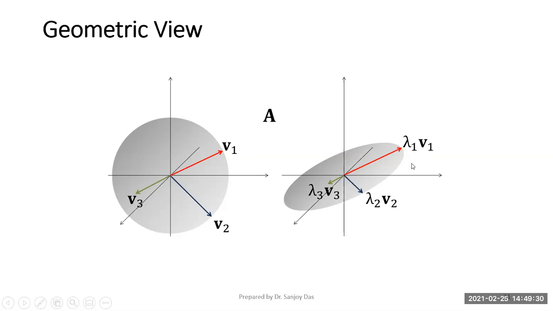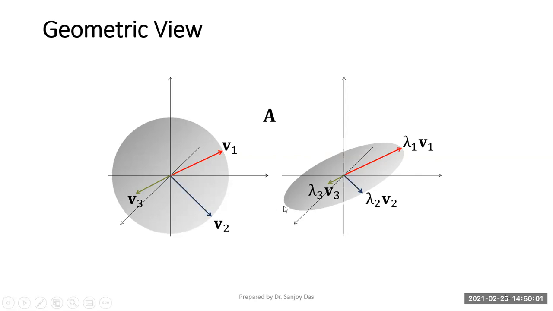But now, if you project the whole unit sphere, this shaded region here, not a unit circle but a unit sphere, this is a three-dimensional hyperellipsoid, and since it's three-dimensional, it will have three axes.